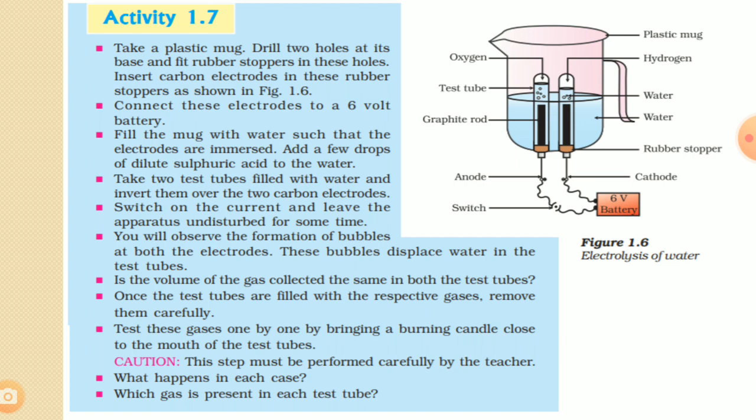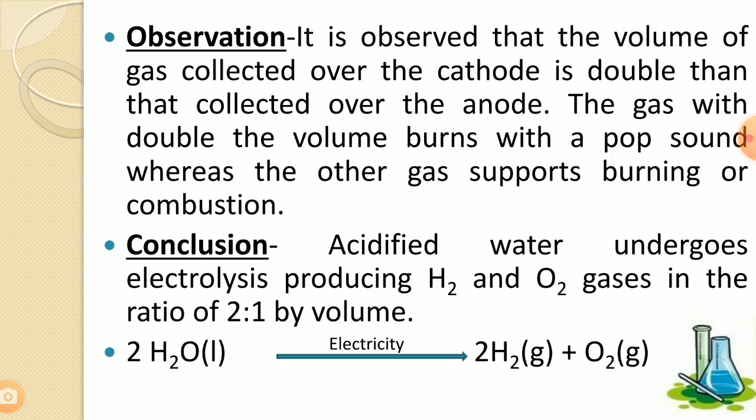We take out the test tubes carefully. The gases formed are hydrogen and oxygen, which is confirmed by bringing a burning matchstick near the mouth of the test tube. Hydrogen gas burns with a pop sound and oxygen gas supports burning.